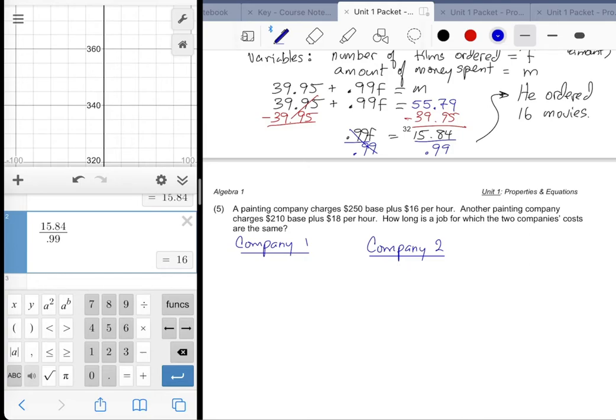So if we just kind of jump right down to business here, we would say, okay, we got a $250 base price and $16 per hour. That's going to give us a cost. All right, so we're going to let T equal time in hours and C equal cost in dollars.